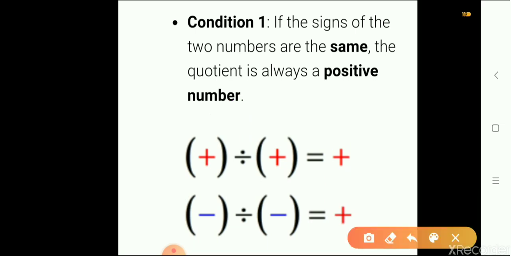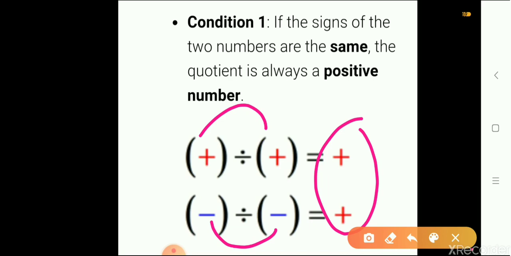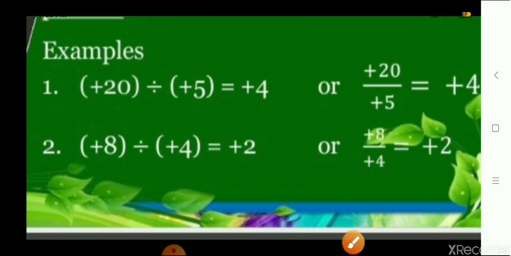Or if we divide two negative numbers, in this case also we get a positive number. Hence, we can say that whenever we divide two numbers having the same sign, we get a positive result. Let us see with the help of examples.